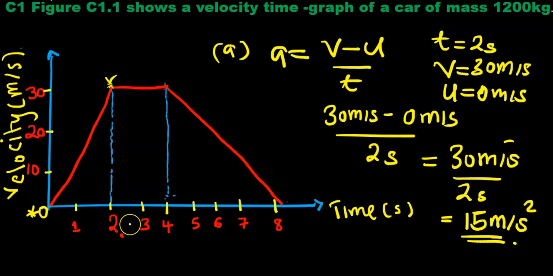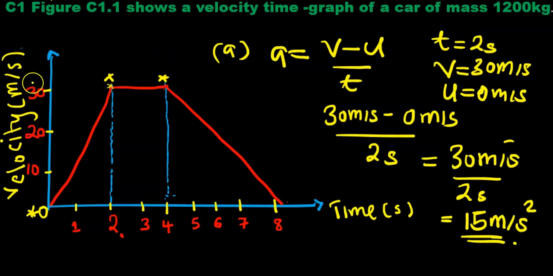The next question is explain why acceleration is 0 between 2 seconds and 4 seconds. So between this point, explain why the acceleration is 0 between 2 seconds and 4 seconds.